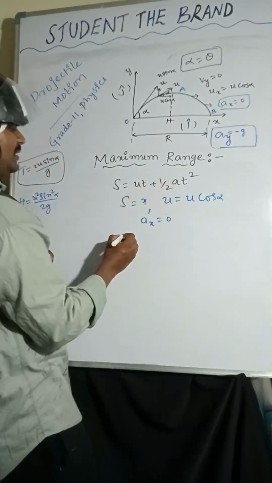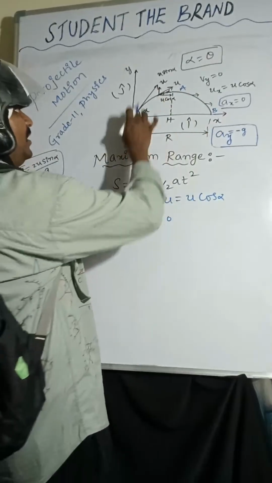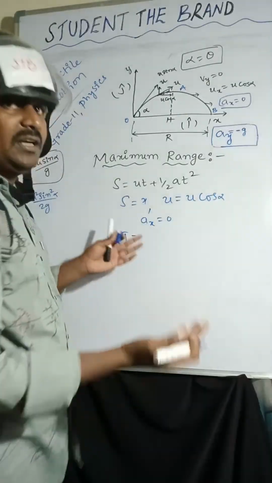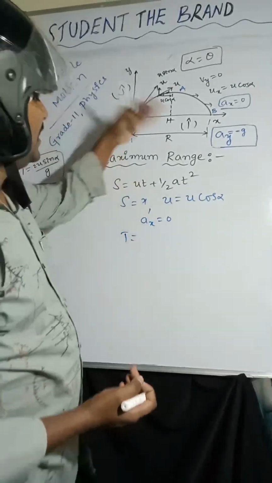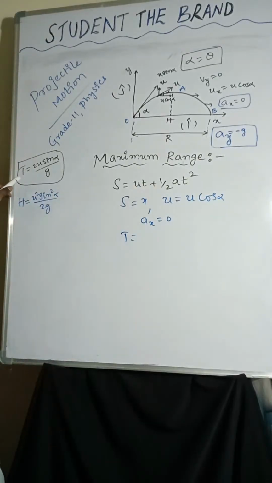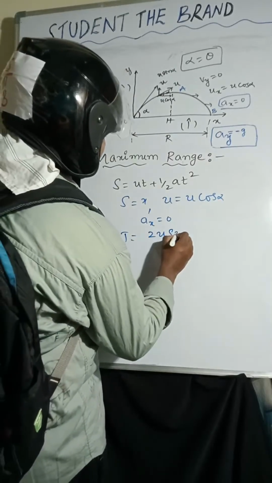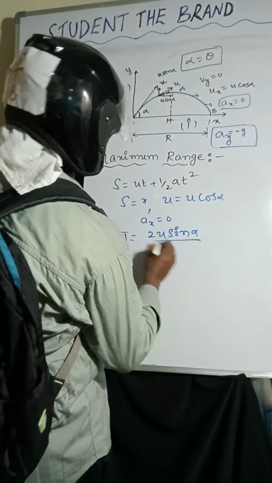And t here is the time of flight, time taken by the body to reach that point from here to here. So total time is called time of flight. Here I wrote, t equal to 2u sin alpha by g.